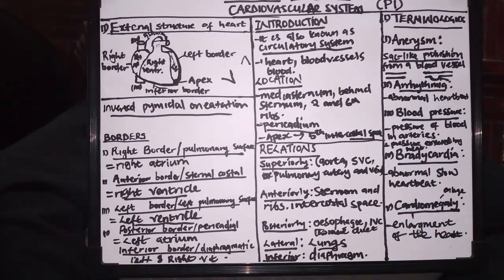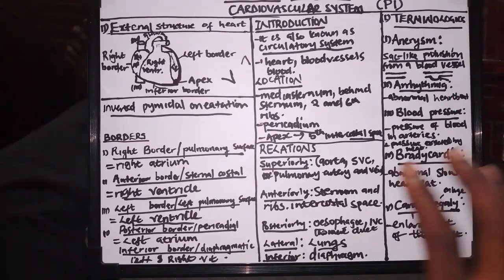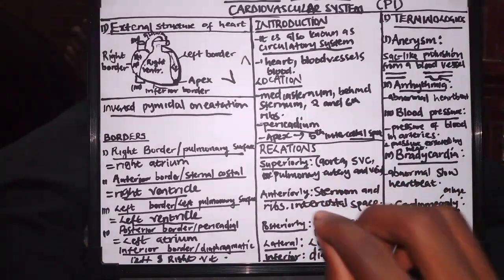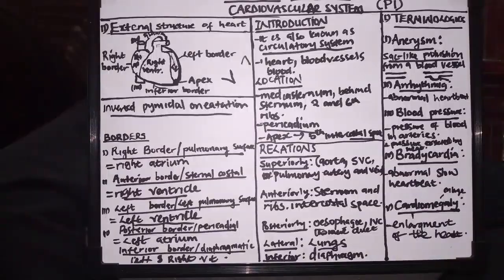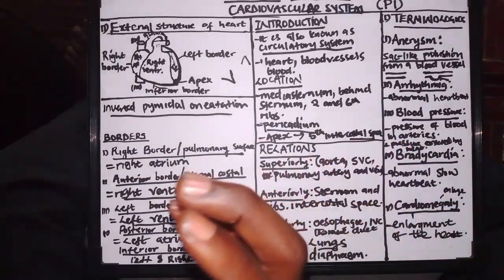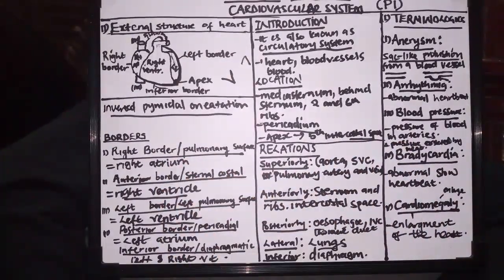So these are the relations which form the external surface of the heart. Remember, relations are important in your anatomy and physiology, and also the borders, for your MCQs and your essay questions.